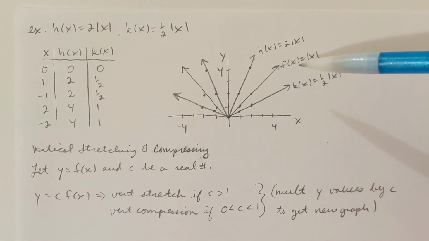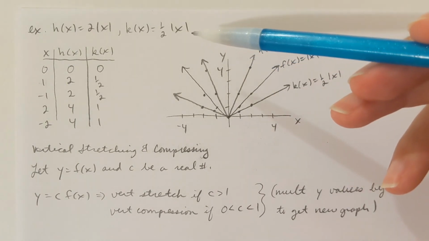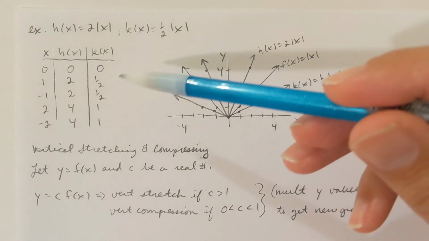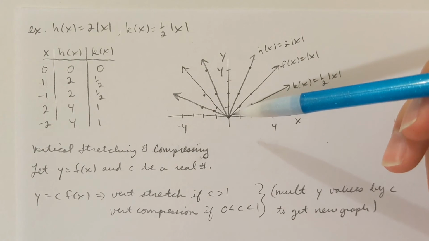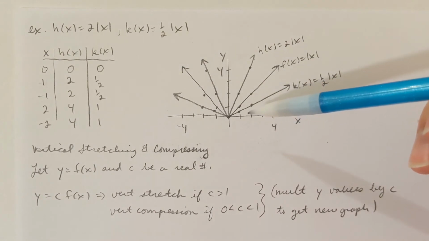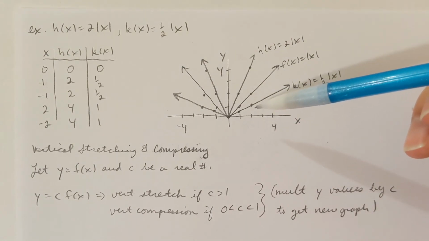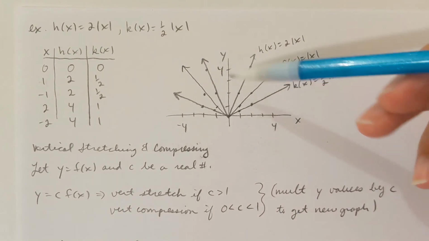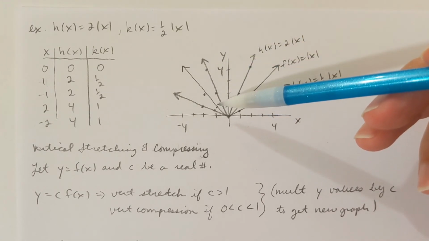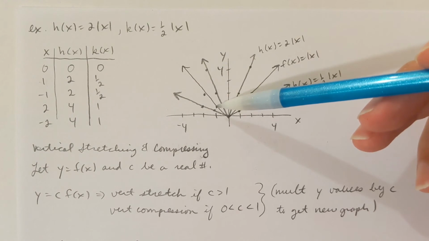And if k of x is equal to 1/2 times the absolute value of x, I end up getting a different curve. If x is 0, 1/2 times 0 is 0. If x is 1, 1/2 times 1 is 1/2. If x is -1, the absolute value of -1 is 1, and 1/2 times 1 is 1/2.